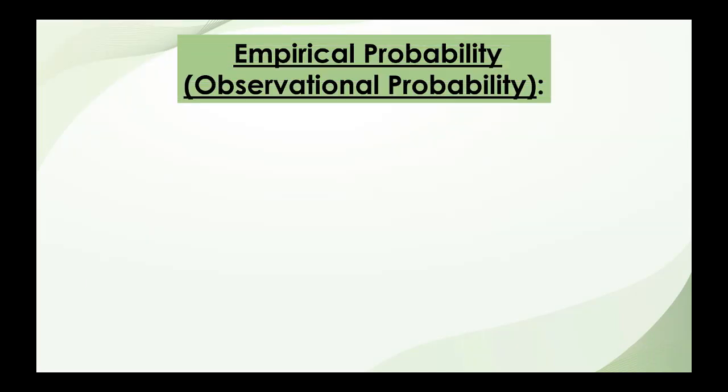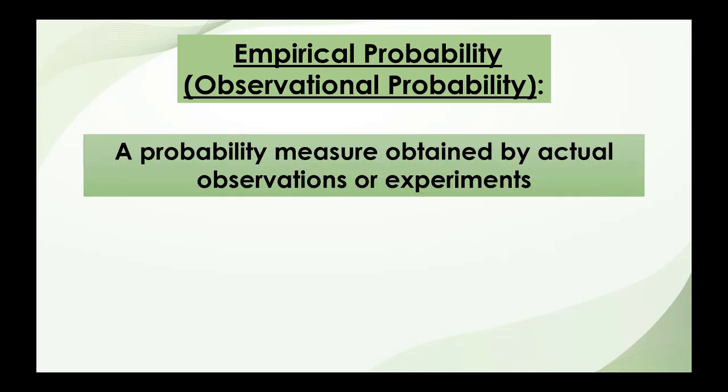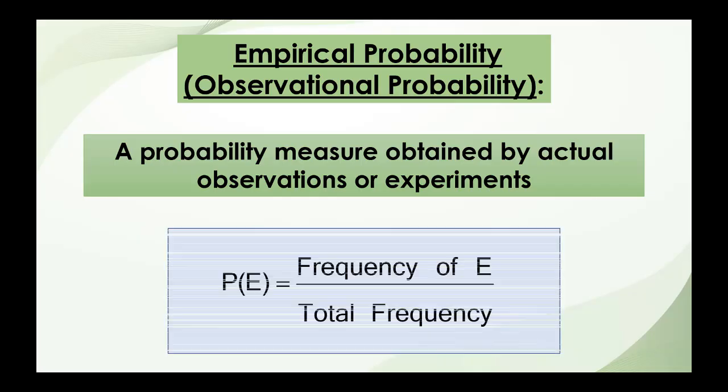Then we can talk about the next type of probability, which is empirical probability, also called observational probability. This type of probability is obtained by actual observations or experiments. So it's not theoretical. We're not looking at what should happen.